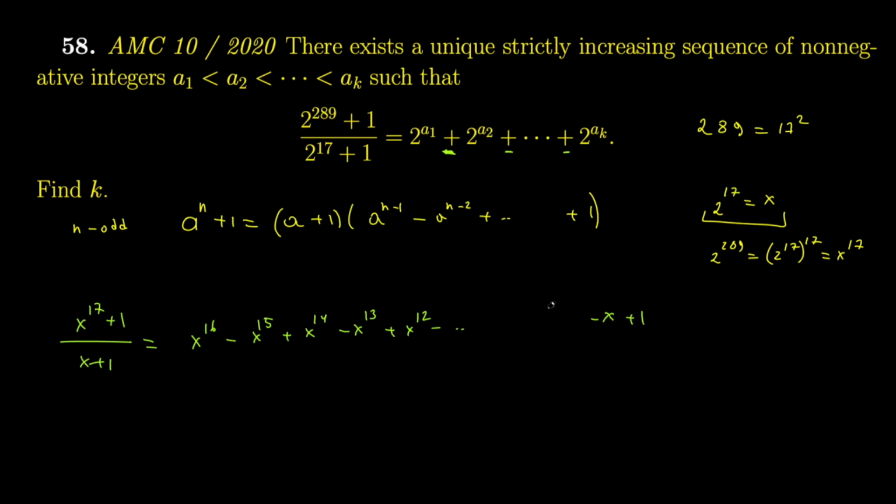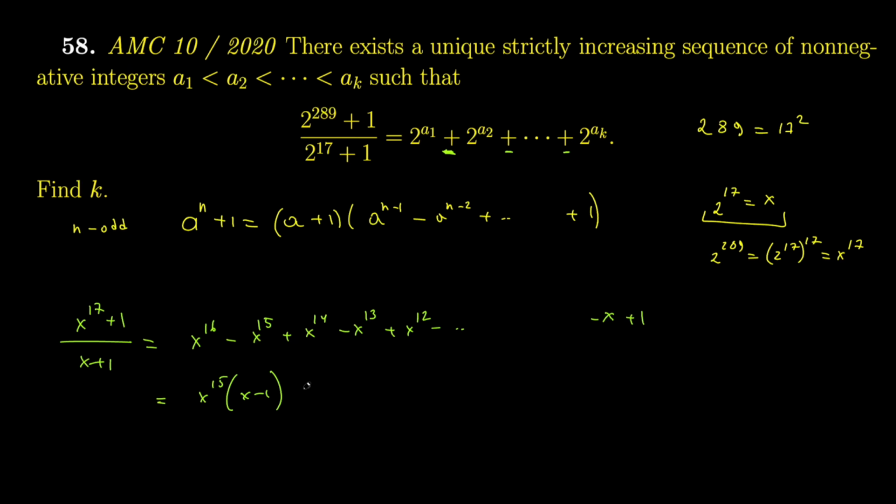So what I'm going to do is try to rewrite them as positive plus numbers. Okay, so what we can do here is the following. If I do it in pairs, x to the 15 times x minus 1, right?